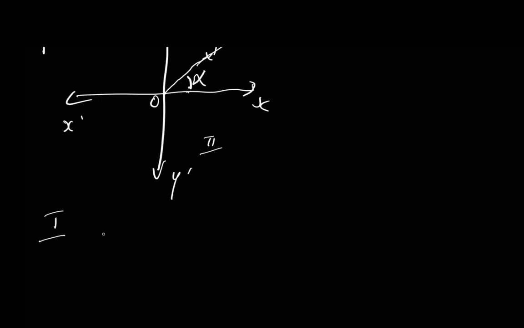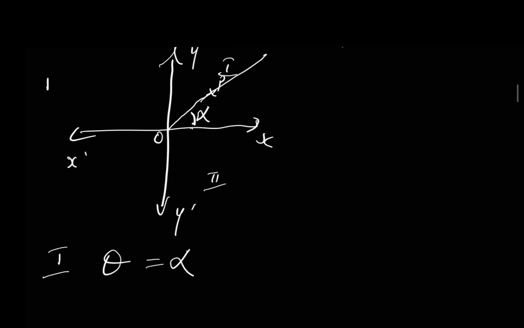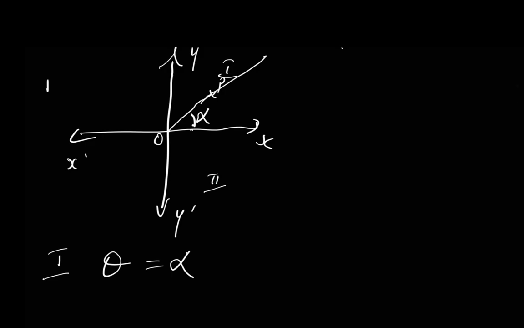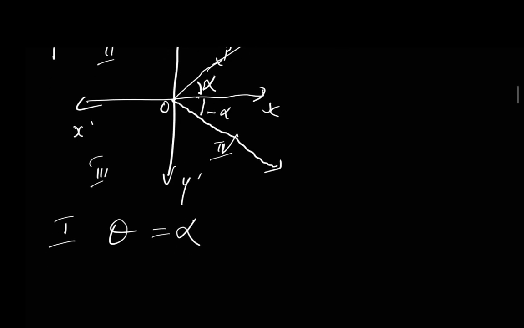So in the first quadrant, the argument theta is equal to the angle made by the line with the x-axis in the anti-clockwise direction. In the fourth quadrant, let me take the image of this line. Here the image of angle alpha is minus alpha. So in the fourth quadrant, the argument theta takes the value minus alpha.